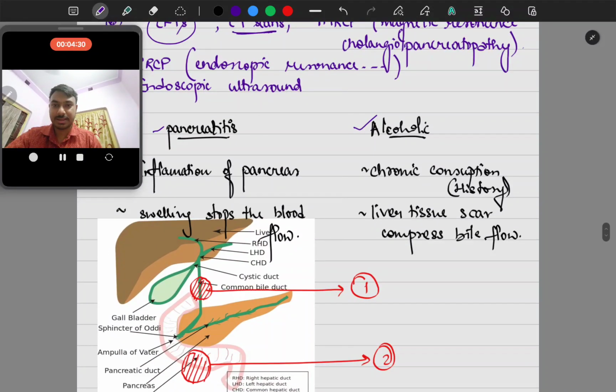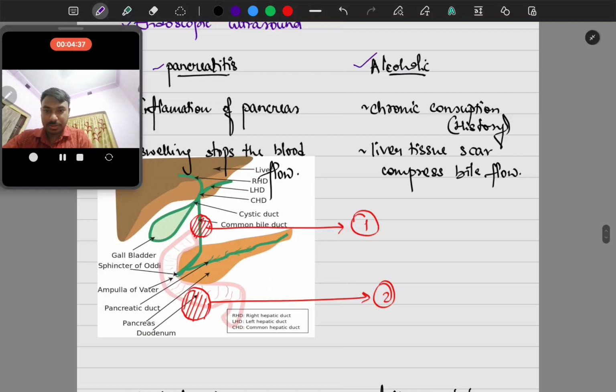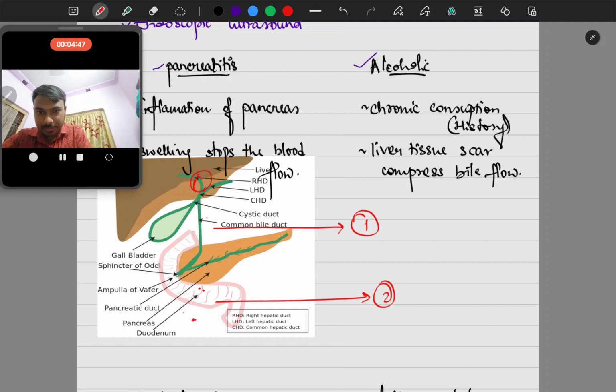How does it affect the bile duct? Now the pancreas is generally present here, sorry, in the image I have made a little mistake. Damage will be here and another damage will be here.